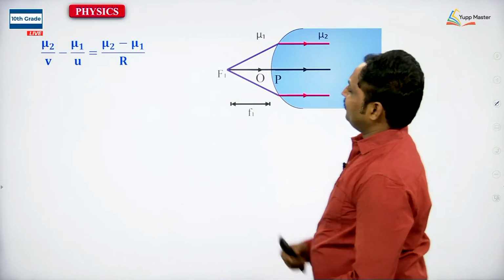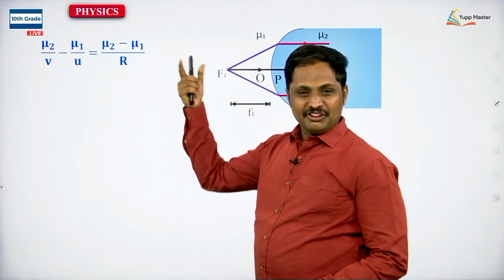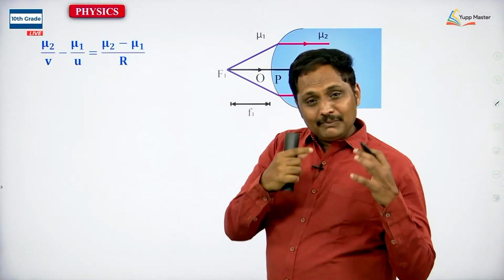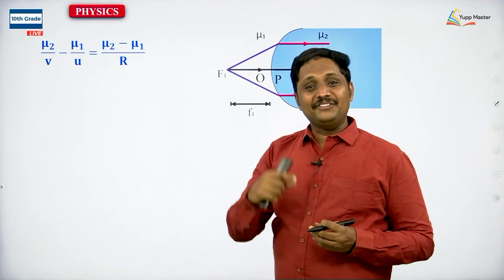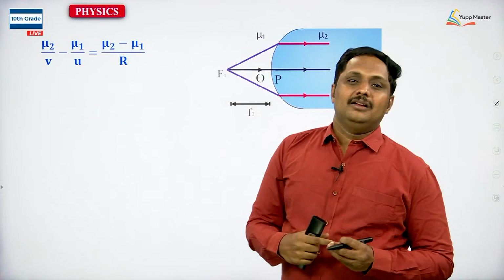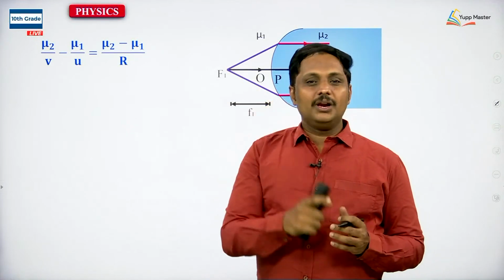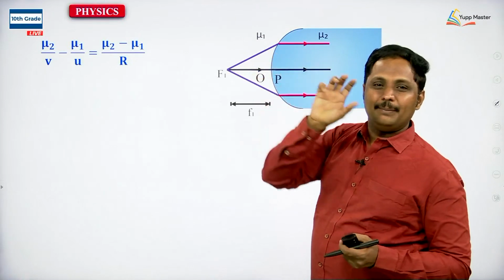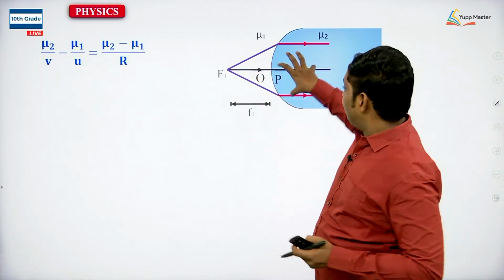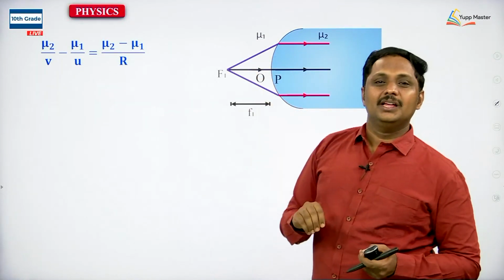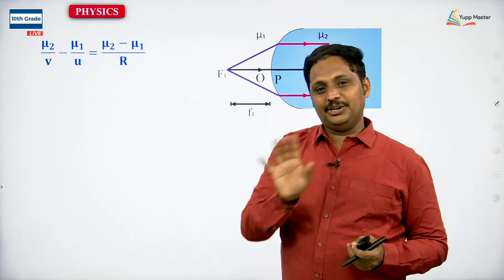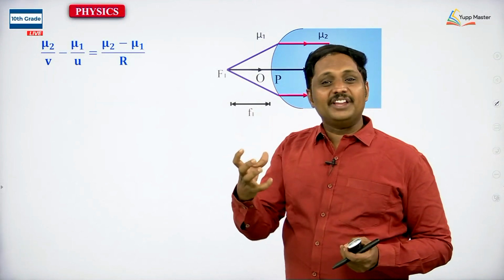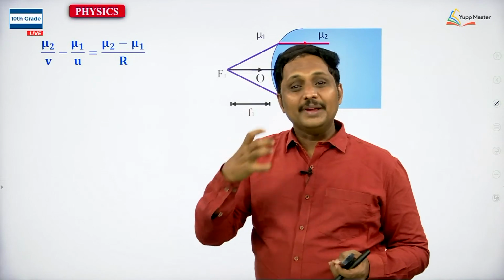This relation has been derived by applying Snell's law, considering first of all that the incident rays are paraxial and very close to the principal axis, no doubt at all, and the angle of incidence and the angle of refraction are small.